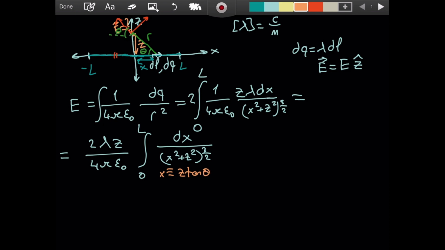This is what we define it to be, right? We take x as z times tangent of theta. We are doing trig substitution. If we take the differential on both sides, it's going to be dx equaling, z is a constant, don't forget, that's why we took it out, z times, what is the derivative of tangent of theta with respect to theta? It is secant squared of theta, and then we have d theta, okay?